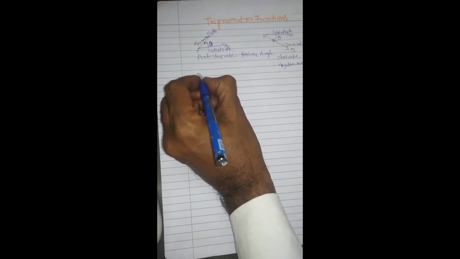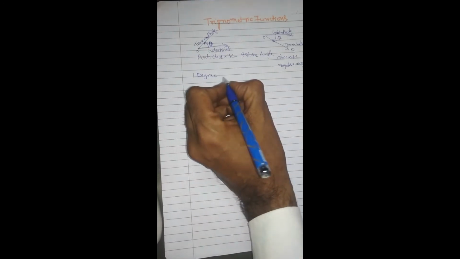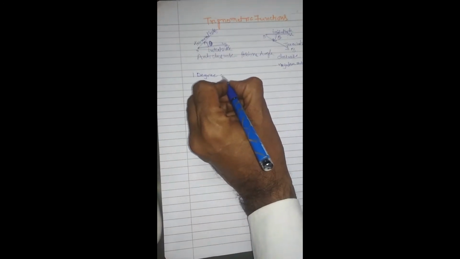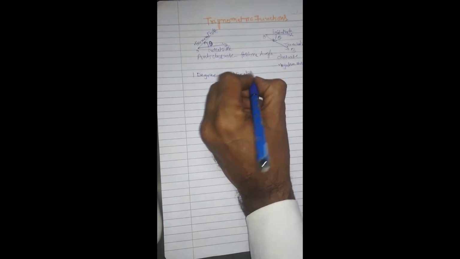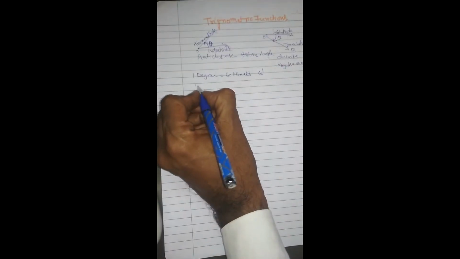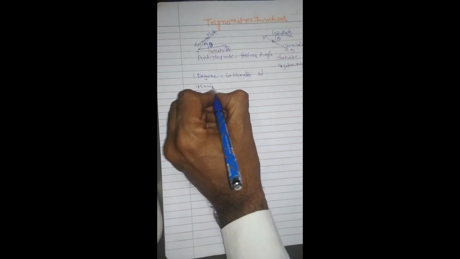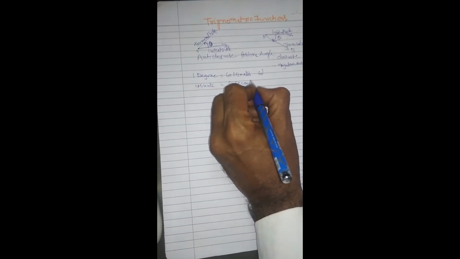1 degree is further divided: 1 degree is equal to 60 minutes. This all you have studied, which will be represented by 60 minutes. 1 minute, you call this 60 seconds.